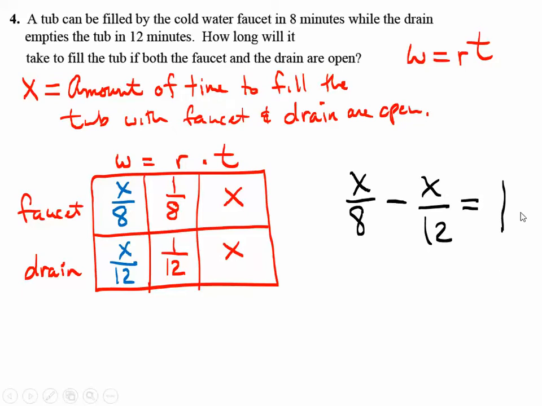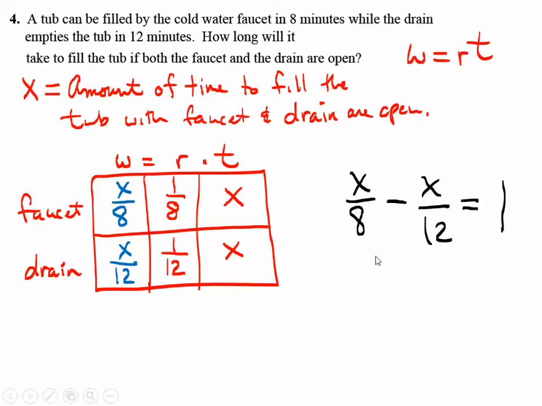How come we put X over 8 minus X over 12? Because the faucet is putting in the water, and the drain is taking out the water. In my swimming pool experience, I had 2 hoses working at the same time, so this minus sign would have to turn into a plus.